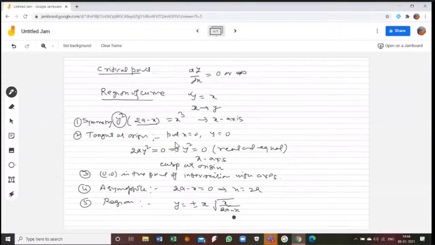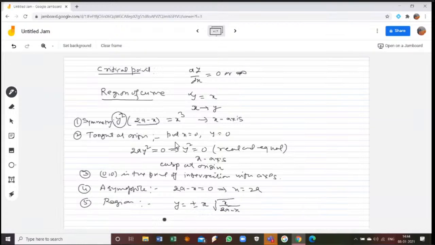Now you have to see this is a square root, so it should be positive only. Then we can trace the curve. And if it becomes imaginary, then we can't trace the curve. So for what value of x will it give the real value, just you have to see.